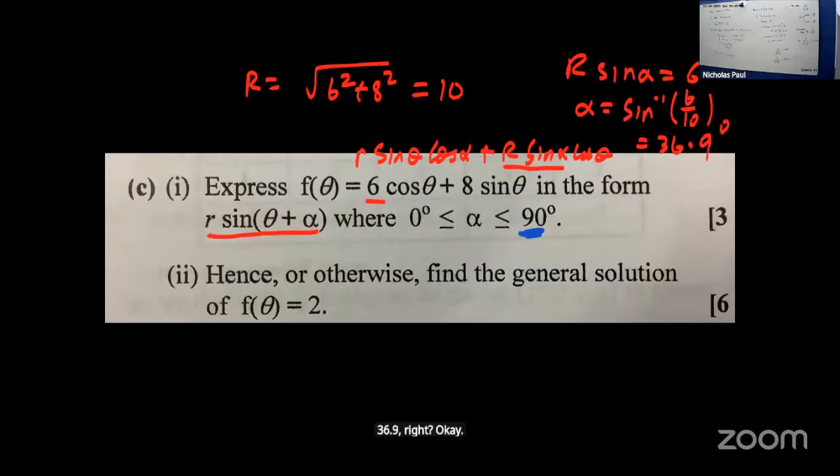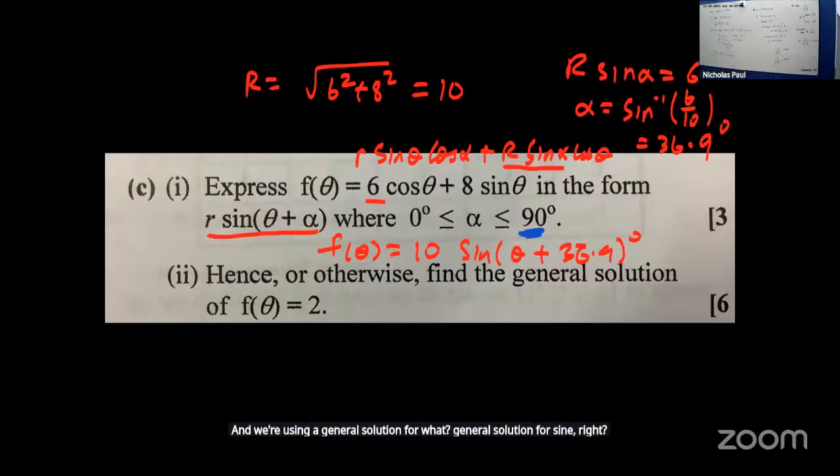So now f of theta will be equal to 10 sine theta plus 36.9. Last part, general solution. And we're using the general solution for what? General solution for sine, right?